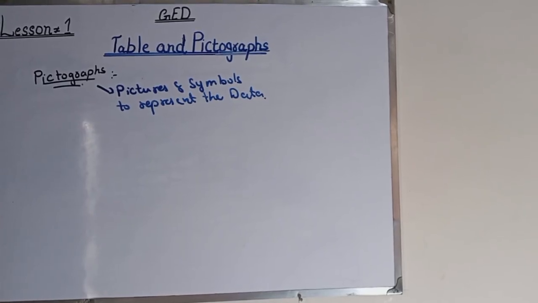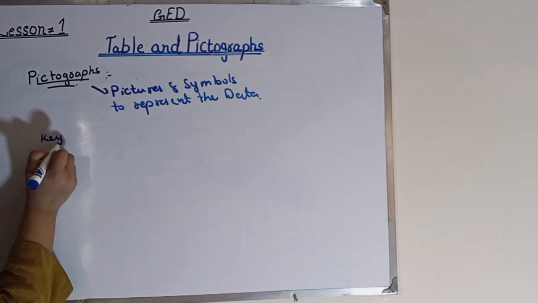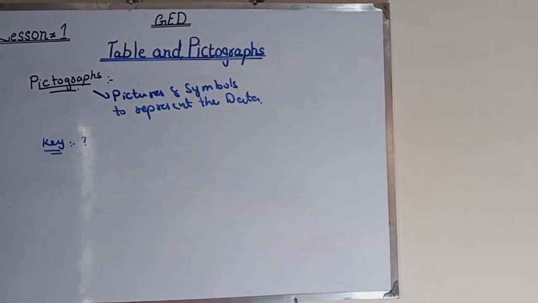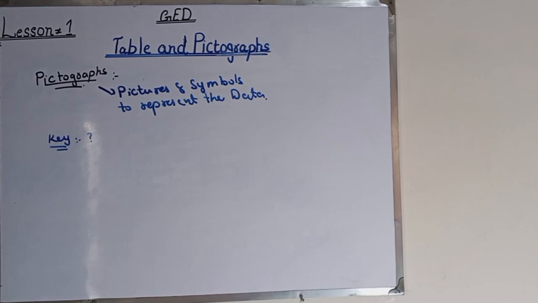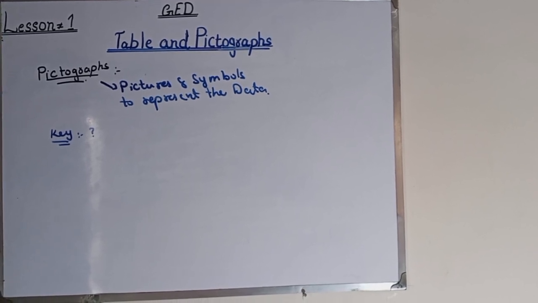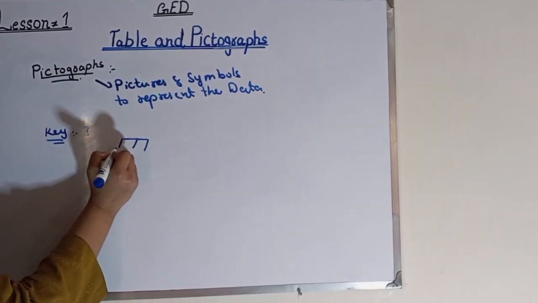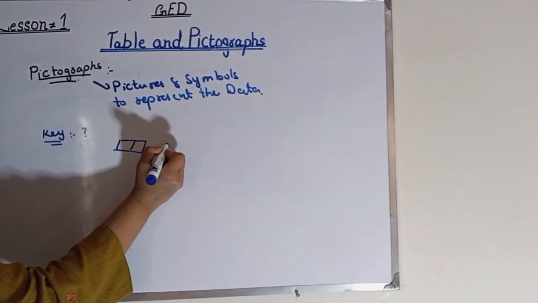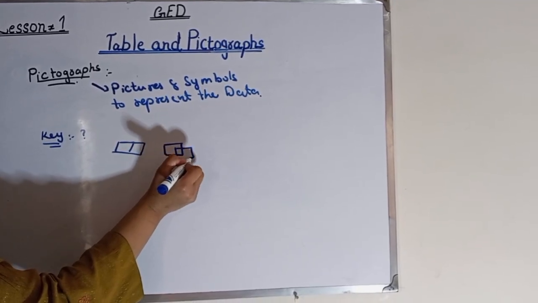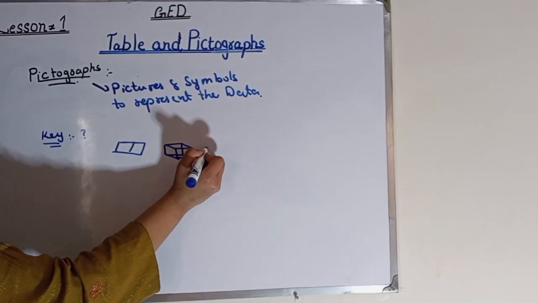So always check the key. In this, a key is present. So the question arises, what is the key? We will do an example in which you will completely understand what the key is. There are things like books, boxes, symbols.